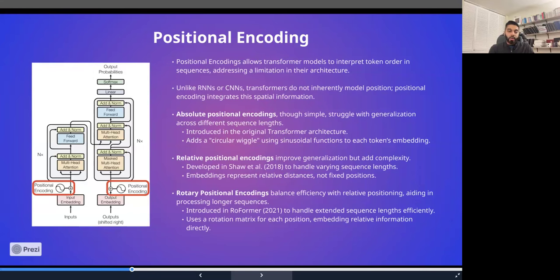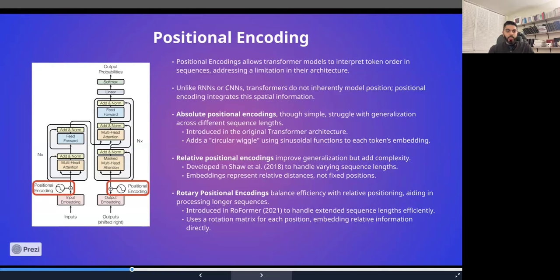But the transformer does rely on positional encodings to understand the order of various tokens in the input sequence. And positional encoding, right from the original transformer paper back in 2017 to now, there have been a whole lot of different variations proposed. We started off with absolute positional encodings in the original transformer paper, which were a very simplistic implementation.